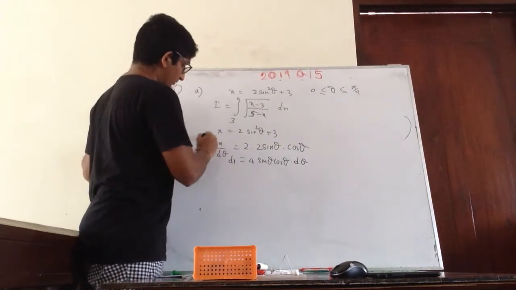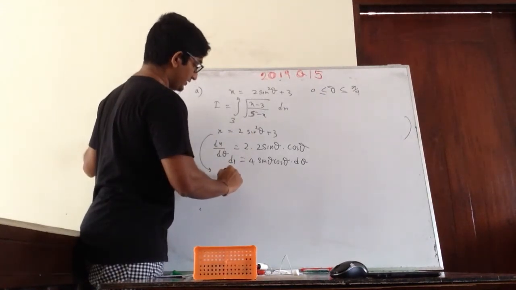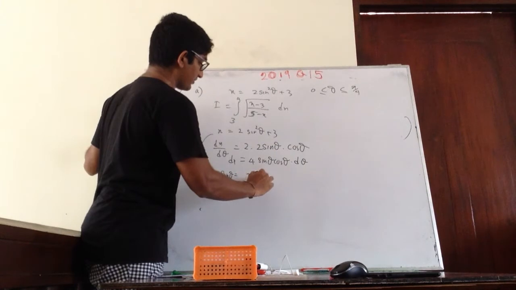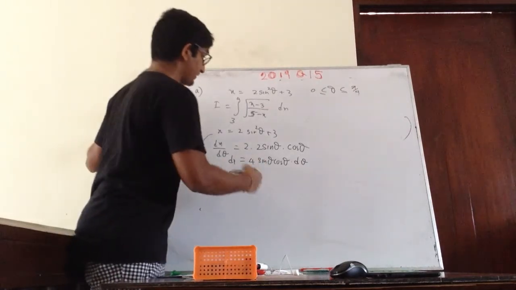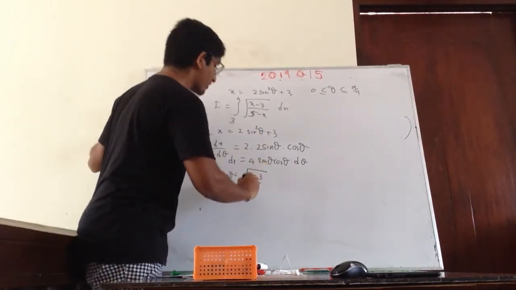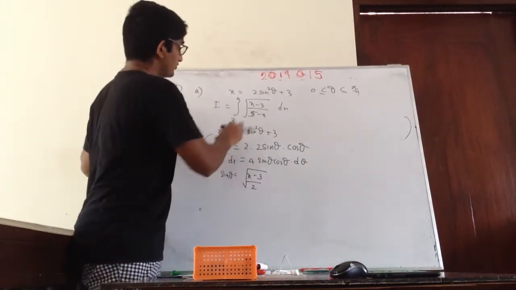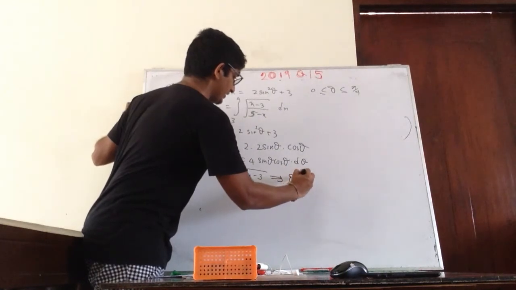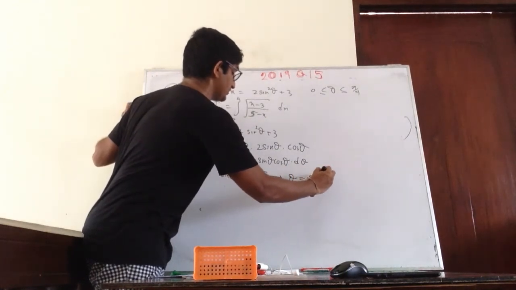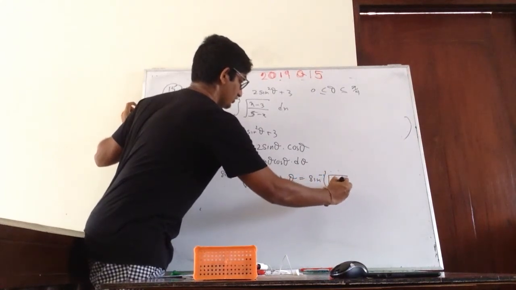From here I can take sin theta as the square root of (x minus 3) over 2. Now I need the value of theta, so that means theta is sin inverse of the square root of (x minus 3) over 2.